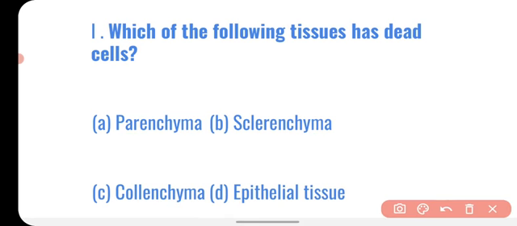You know that parenchyma, sclerenchyma, and collenchyma are plant tissues, and epithelial tissue is a kind of animal tissue. So here you have to opt the tissue which contains dead cells. You know that the sclerenchymatous tissue of the plant body has dead cells, and they are found in the bark of the trees. So the correct option is sclerenchyma.